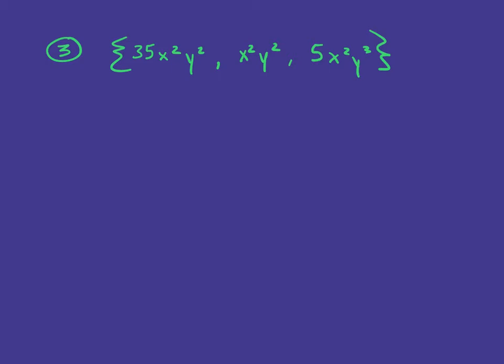Number 3, we're finding the greatest common factor of 3 terms here. We've got 35x squared y squared, x squared y squared, and 5x squared y cubed. So 35 breaks down to 5 times 7. We've got 2 x's. We've got 2 y's.